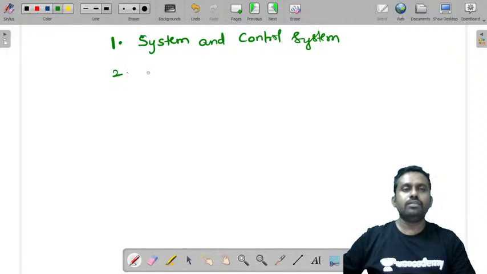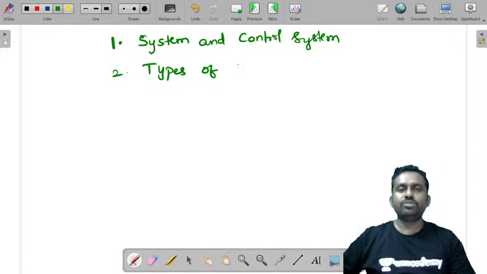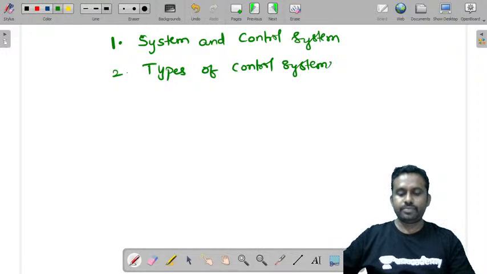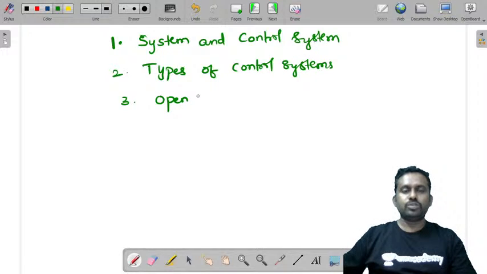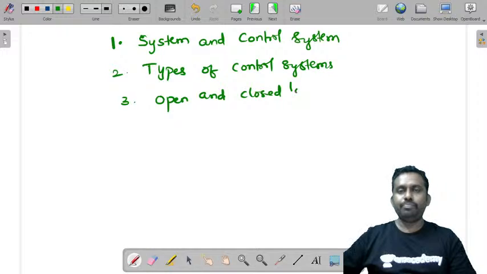Then we have seen what are the different types of control systems, and the major classification was open and closed loop control system.